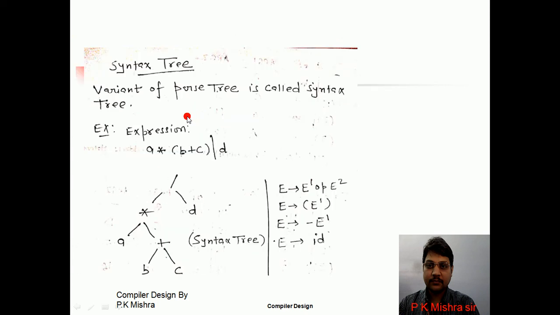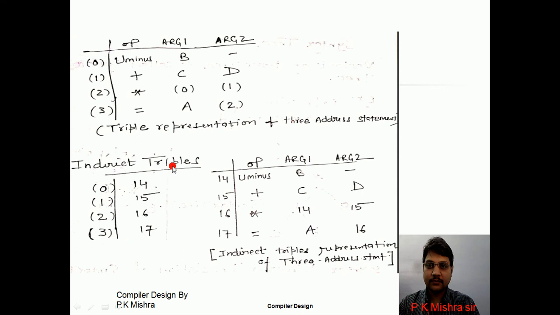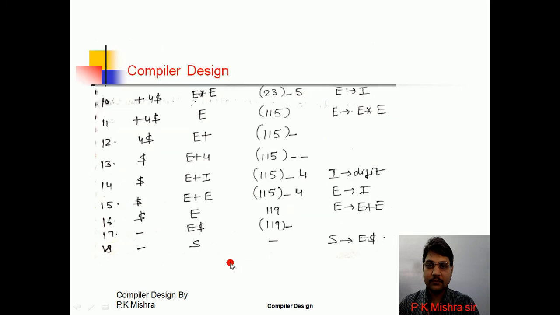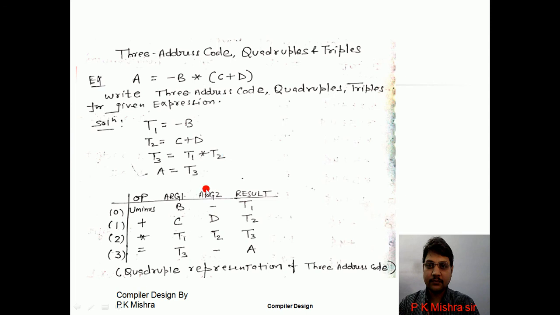Now what is the triples representation for the last statement? Keep assignment as the operator.